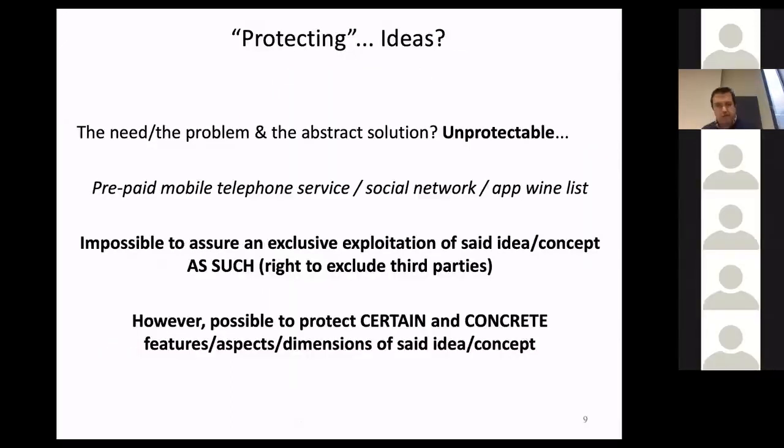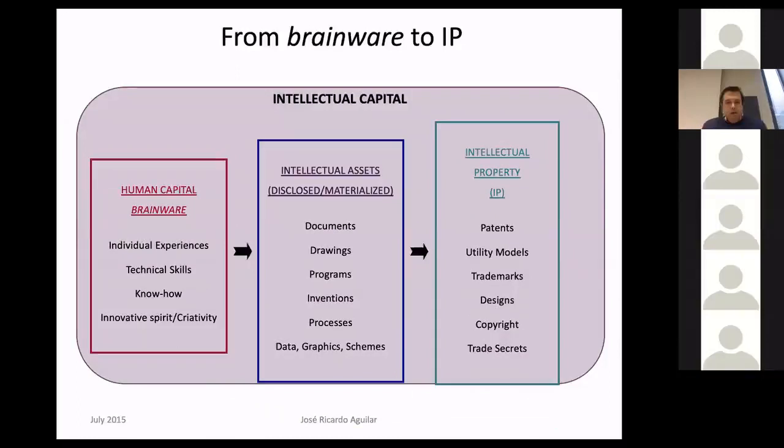So in this sense, it's important, and our first idea is that we need to look at a single project and see and pick from the list of IP rights which ones, and sometimes more than one, in fact, can be mobilized to protect our idea. Okay? And that's why when we think about ideas, we are on our left side, so we are on that brainware, on that concept phase, and that concept phase is materialized sometimes.